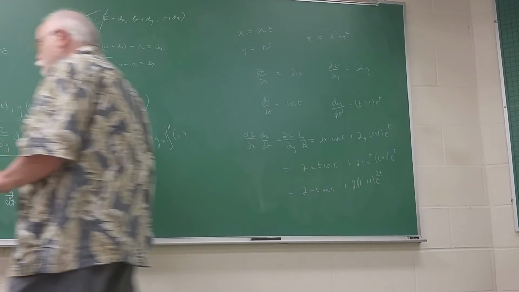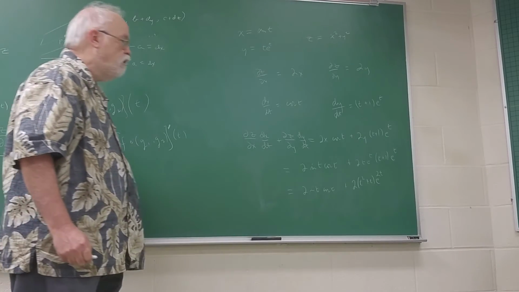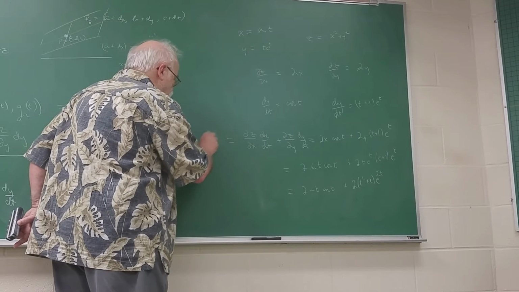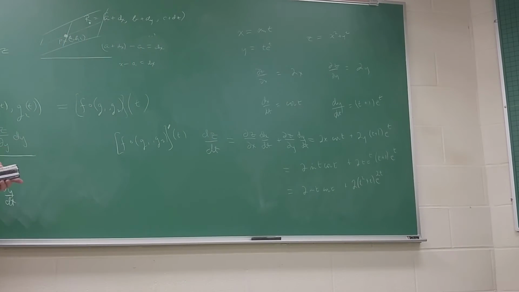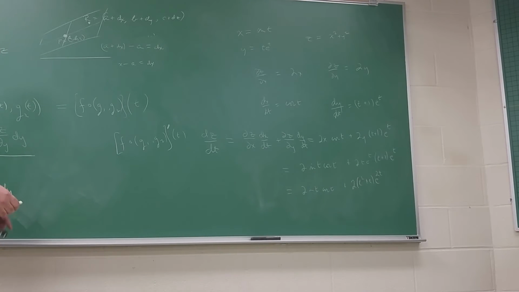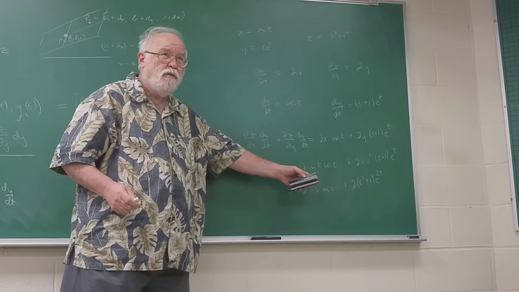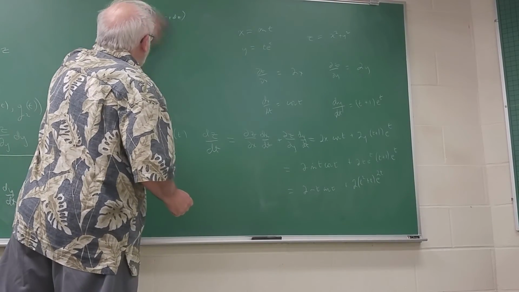Okay, bear with me a little bit, I'm going to do one more thing here. I want to check it. This is supposed to be dz dt. How can I check that? Take the t derivative of z, substituting x and y first. As long as I've got to substitute at the end anyway, why don't I substitute from the get-go?